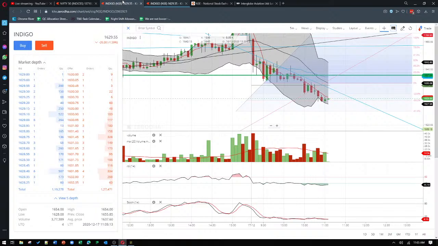So when we look at the open orders, sell side open is 1,27,000, buy side 1,19,000.